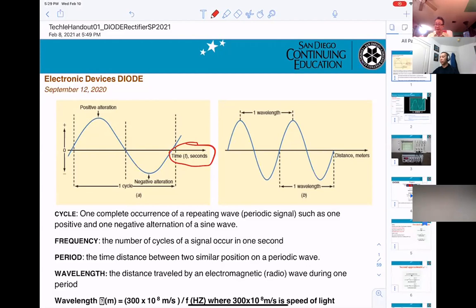Then now, if you're looking at this one here, they're talking about wavelength. Wavelength is like the period, but they say it is the distance traveled by an electromagnetic radio wave during one period. The thing is you have to understand basically the definition.